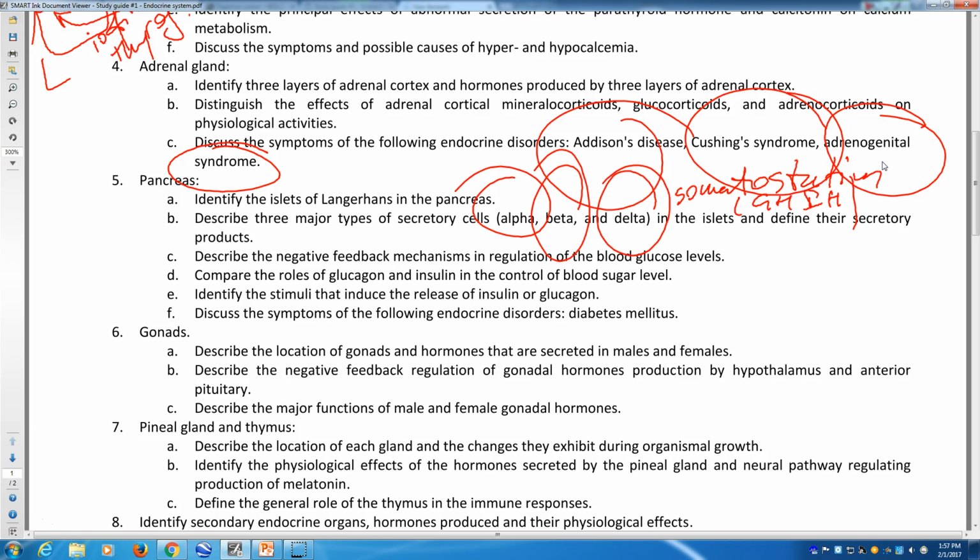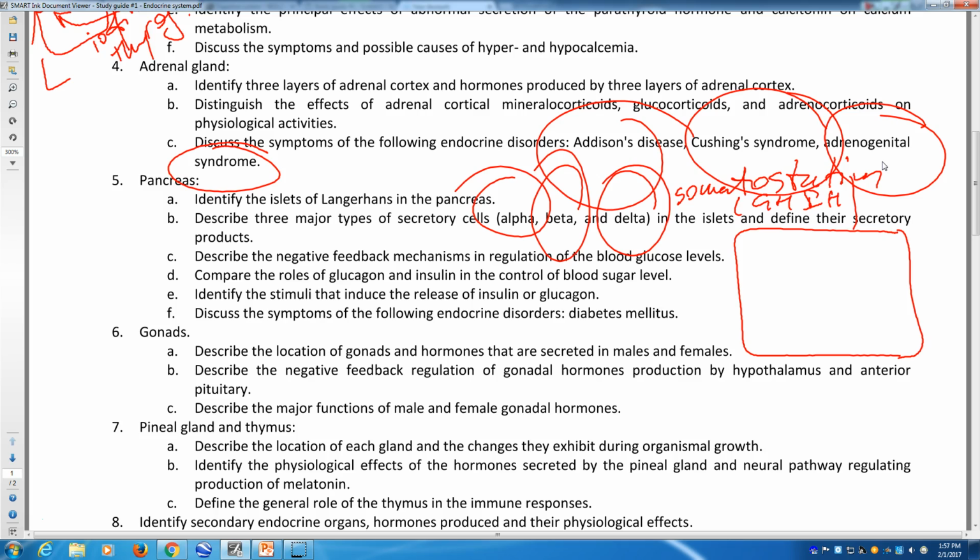Right? Cool. Does anyone remember how insulin is stimulated? What initiates the release of insulin from beta cells? What's the signal for insulin production? Glucose.